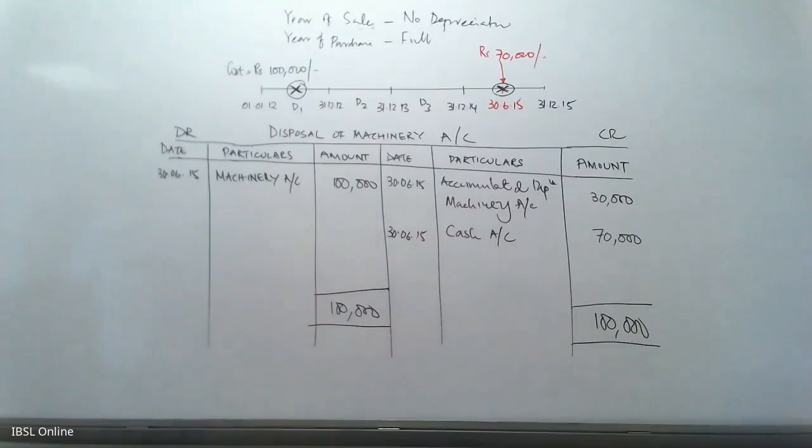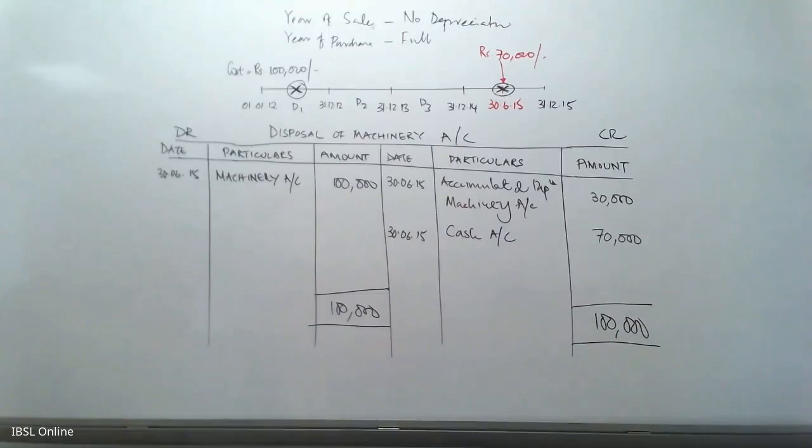Which means there is no profit or no loss to the company, because they have sold the asset exactly at the amount of the carrying value. What was the carrying value?